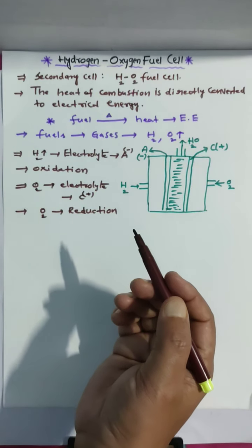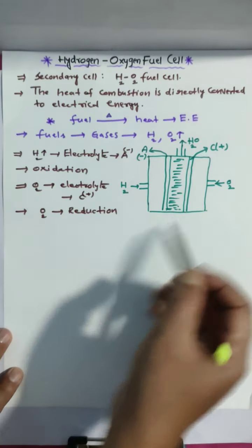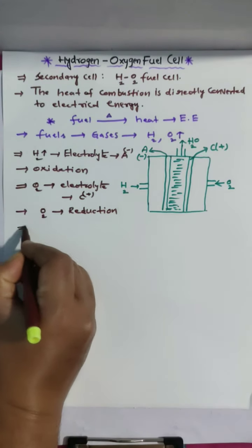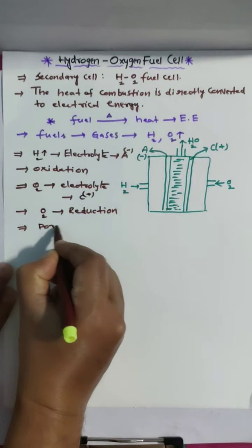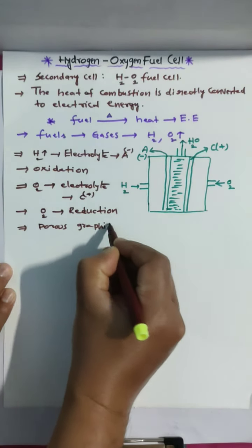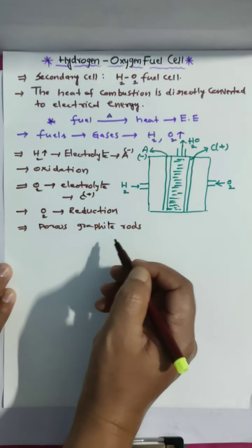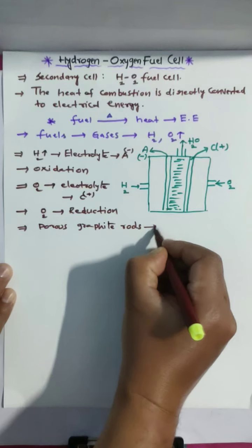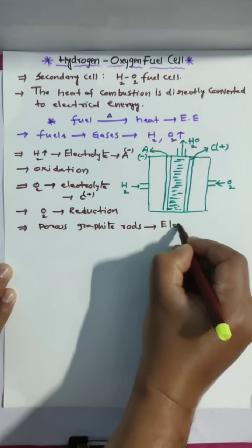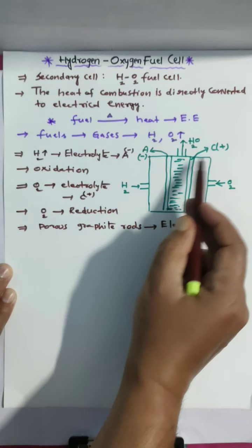Clear? And porous graphite rods are there here. These porous graphite rods act as electrodes, positive electrode and negative electrode.